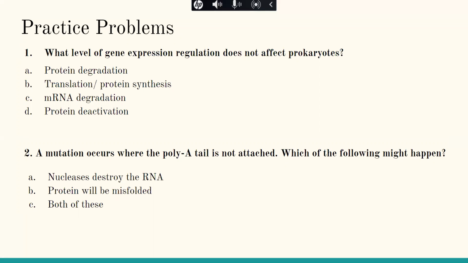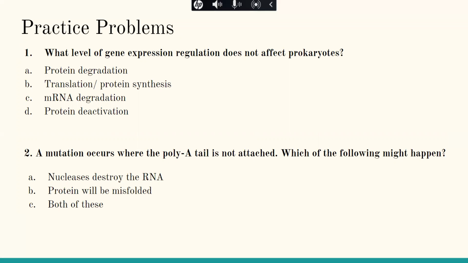So all of these except for B affect prokaryotes. Prokaryotes make their own proteins, and gene expression regulation goes all the way into the life of the protein, so protein degradation is a level of control in prokaryotes. Prokaryotes don't have mRNA, so that essentially won't affect it.